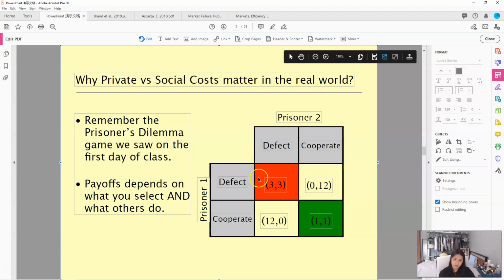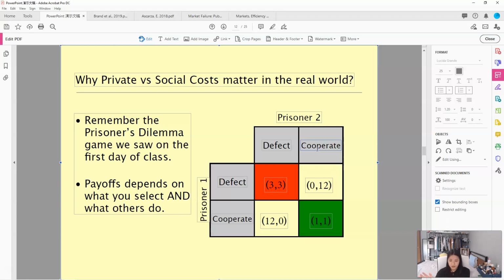If both of them choose defect, each would get a 3-month sentence. If both choose to cooperate, each would get a 1-month sentence. From our discussion in the last video, when they cannot communicate, both of them would choose to defect.